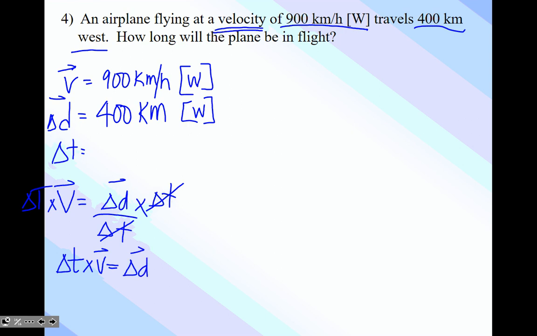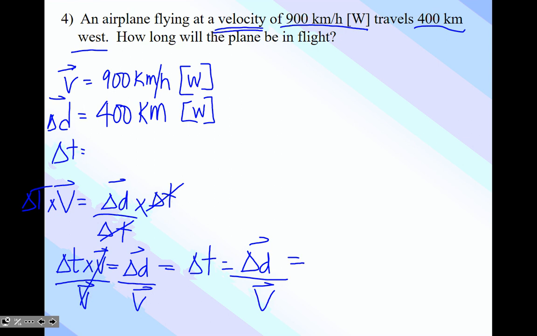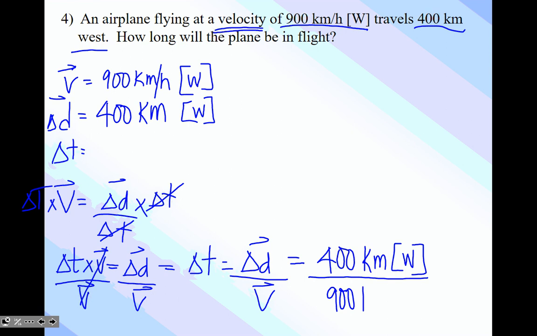We are looking for our time, so now we have to isolate our time. So we have to divide by velocity. Let me just rewrite it so it looks pretty. Change in displacement over velocity. Our displacement is 400 kilometers west, and our velocity is 900 kilometers per hour west.